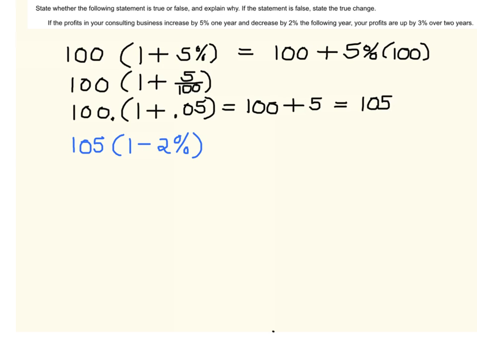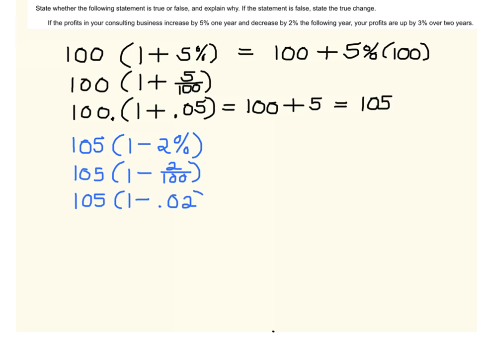And that becomes 105 times 1 minus, remember 2% is 2 over 100, and if we move the decimal place over 2 places to the left in the numerator and the denominator, we get 0.02.